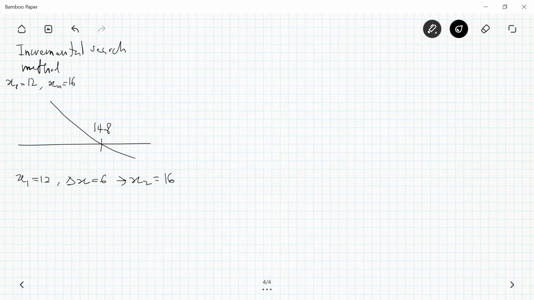Sorry, delta x is not 6, but delta x is 4. Then x2 is 16. So in this case, this is 14.8, and let's say this is 12.